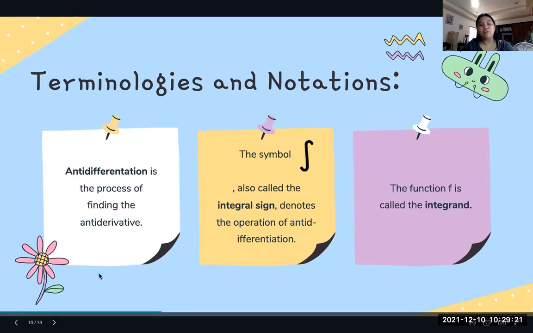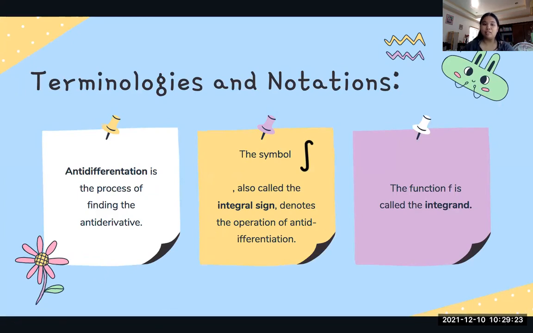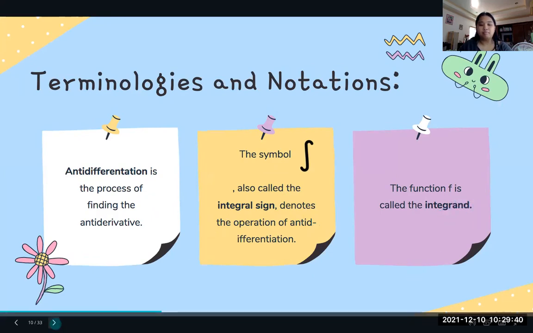Here we have terminologies and notations that we need to remember. Anti-differentiation is the process of finding the antiderivative. This symbol, also called the integral sign, denotes the operation of anti-differentiation. The function f is called the integrand.